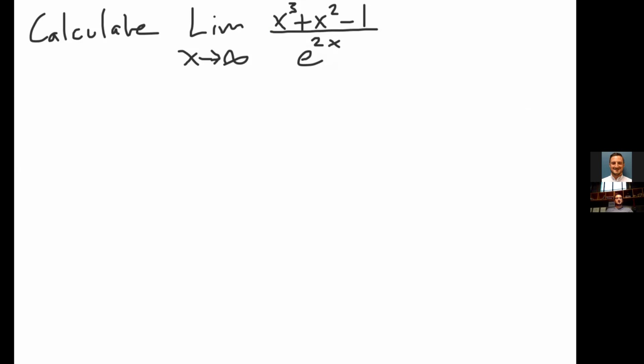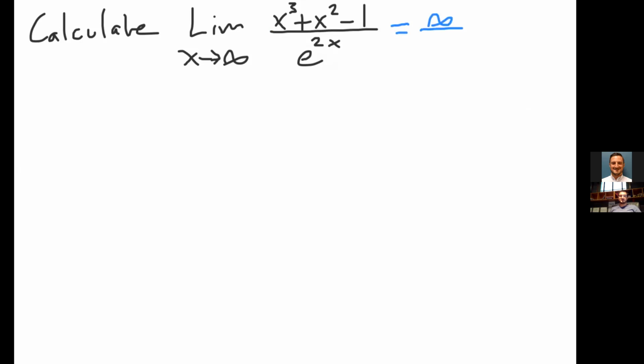Okay, you should have paused the video and at least attempted this. So we're going to go through it. Now if I let x go to infinity, I'm going to see that I have a polynomial that is odd degree with a positive leading coefficient. Because of that, in the numerator, as x goes to infinity, the polynomial is going to go to infinity.